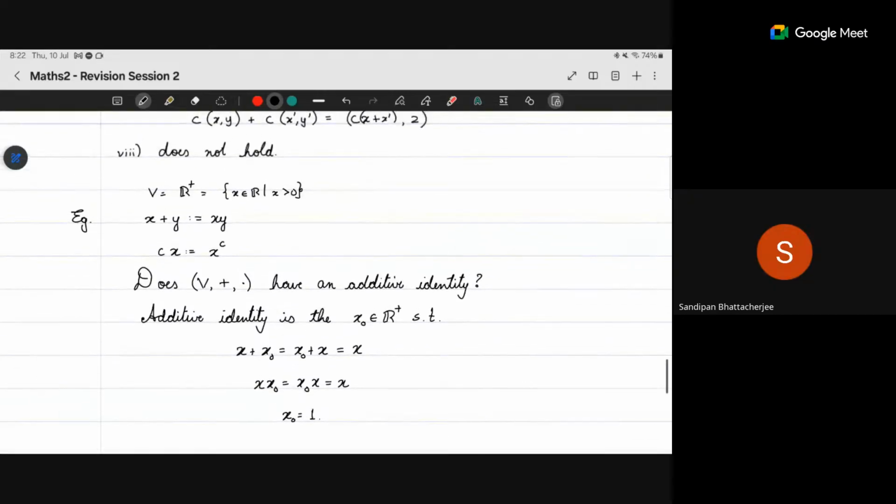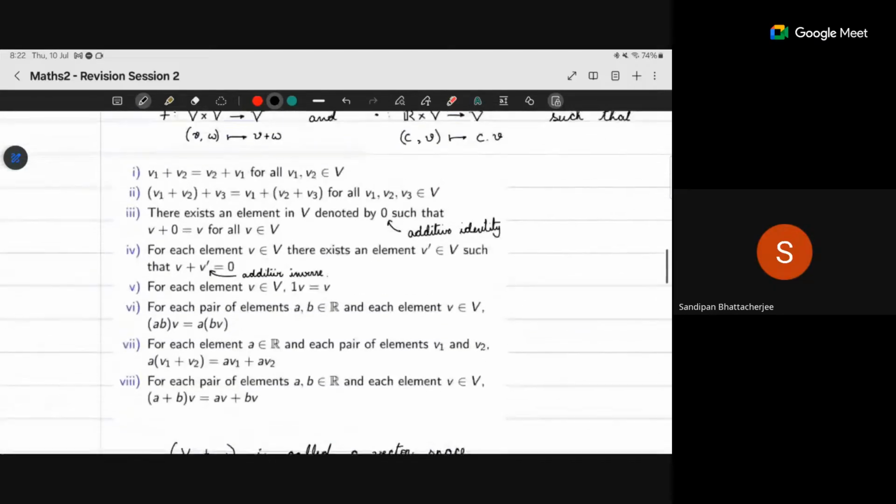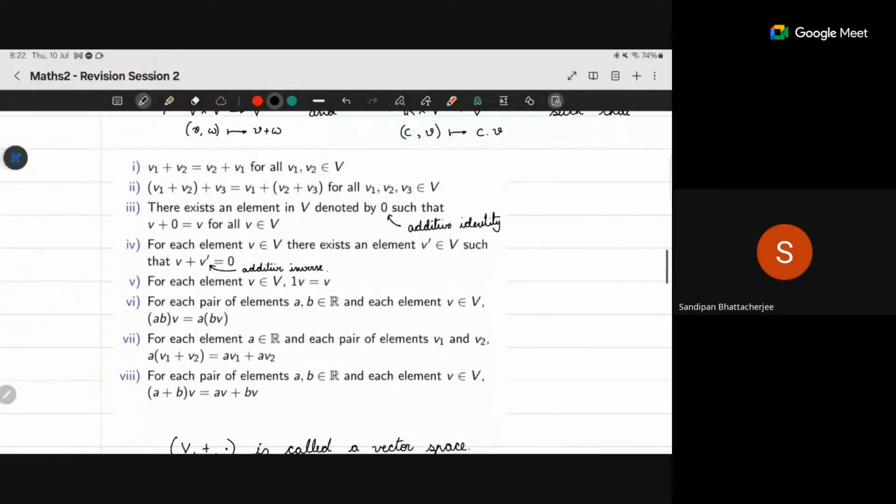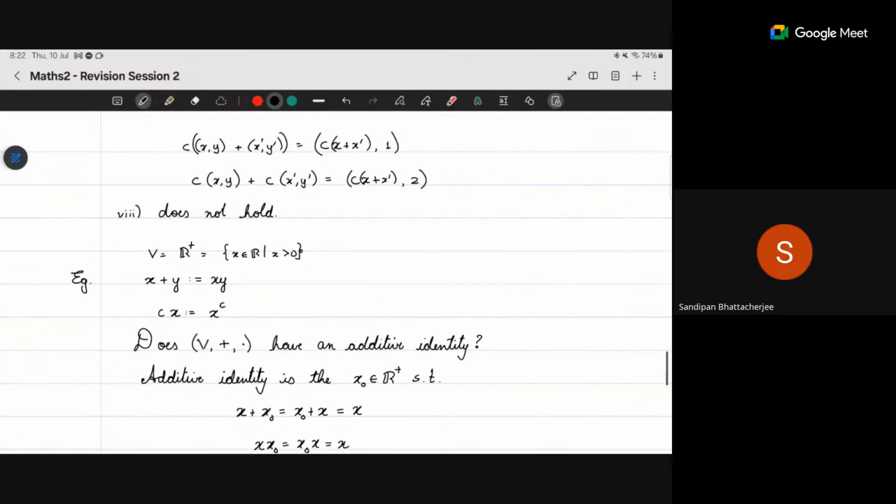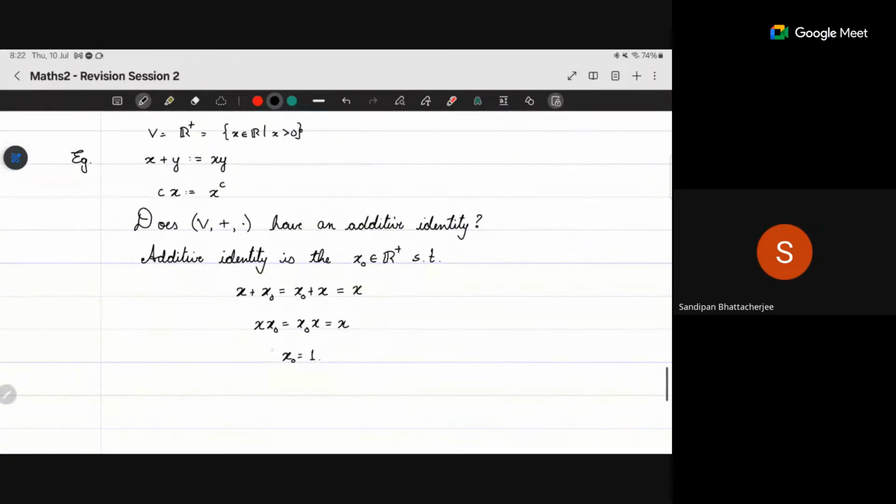This is not the usual operations. So this 0, you should remember, is just a symbol. That 0 need not be the 0 number that you know, even in cases like R plus, in subsets of R. So did you understand why this is the additive identity? Yes, sir.